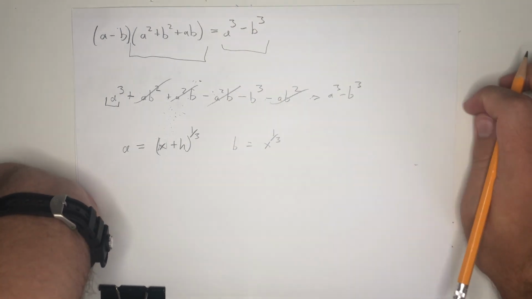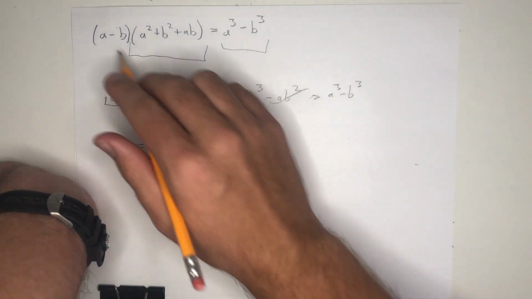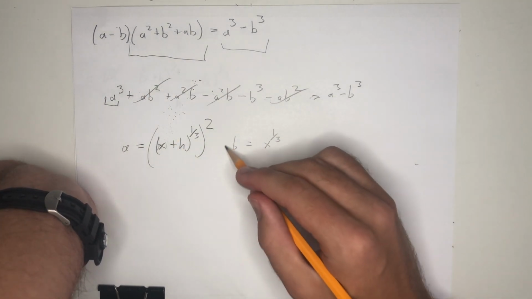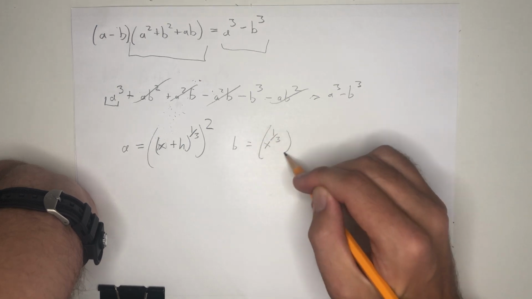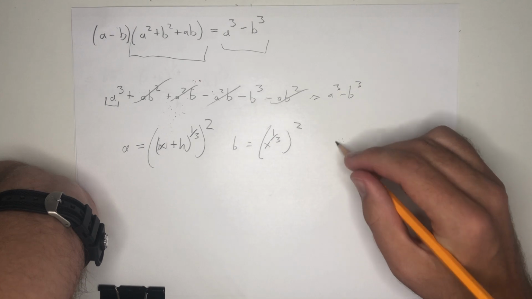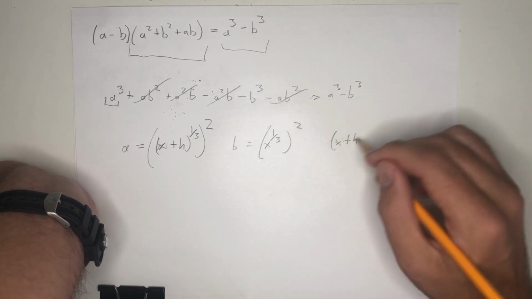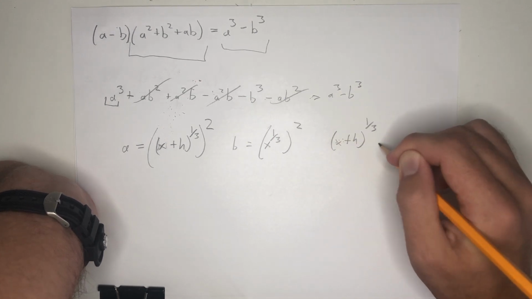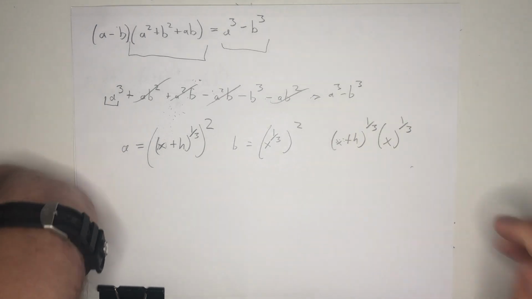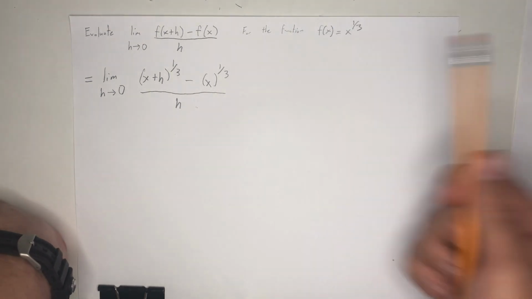So when we want to find our conjugate, our a is going to have to be squared, our b is going to have to be squared, and we're going to also have to have the product in our conjugate. So I'm going to multiply the top and bottom of this now by our conjugate.